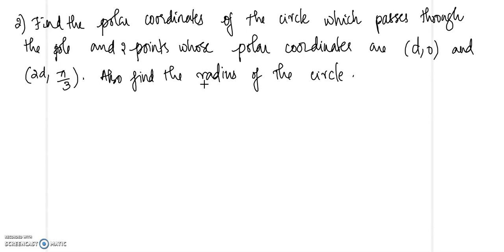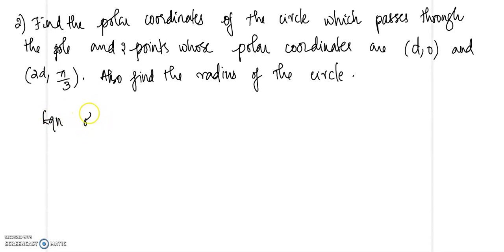In that case we need to find the equation of the circle, and once you find the equation of the circle you need to find out what is the radius of the circle. So let us first write the equation of the circle which passes through the pole.